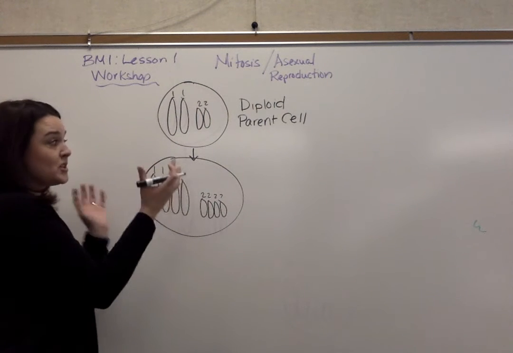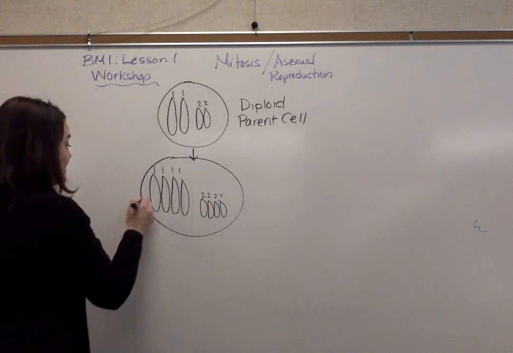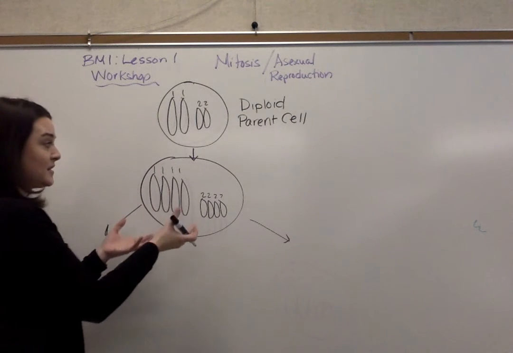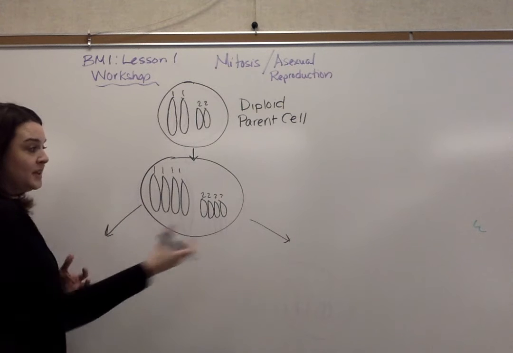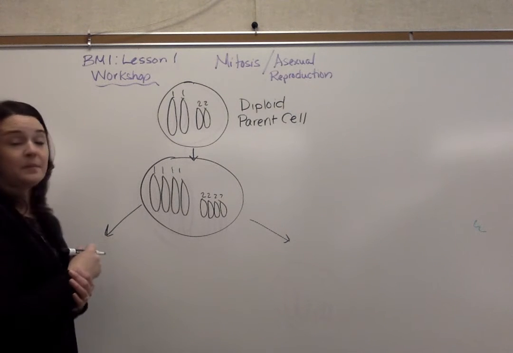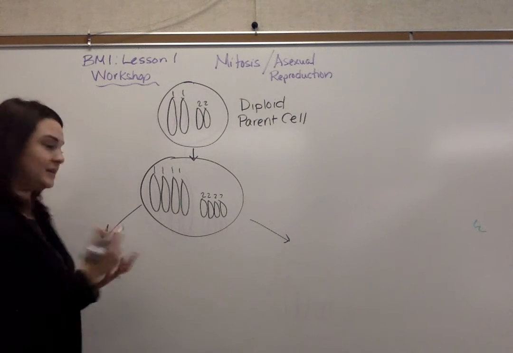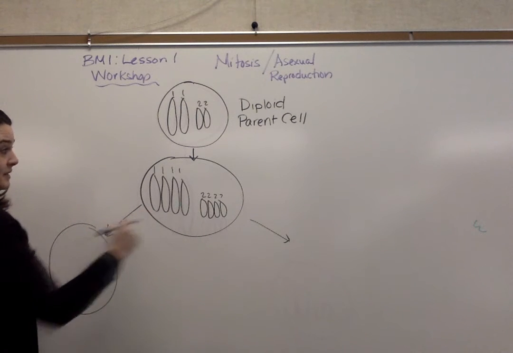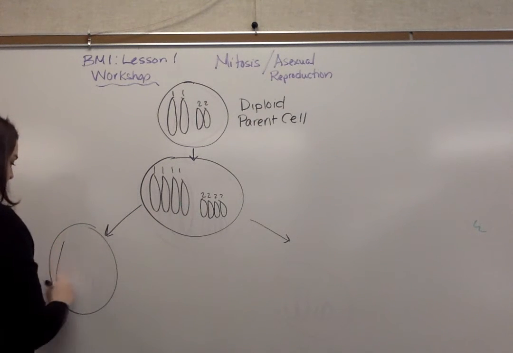This large cell that's prepared for division simply splits everything equal. So you have to ask yourself, what needs to go in each cell so that the offspring look exactly like the parent? Well, we need to have 2 number 1s and 2 number 2s.